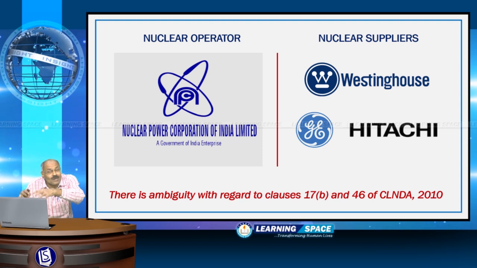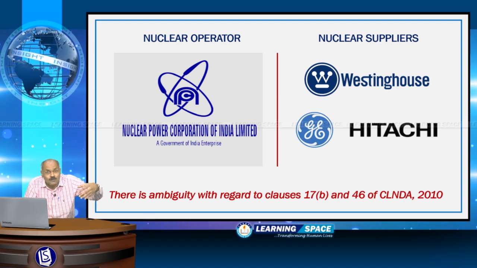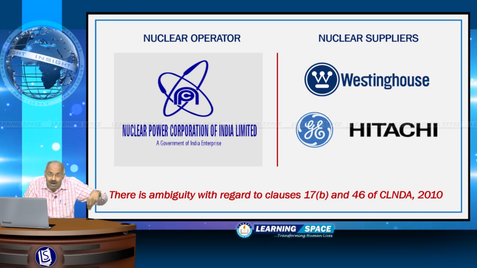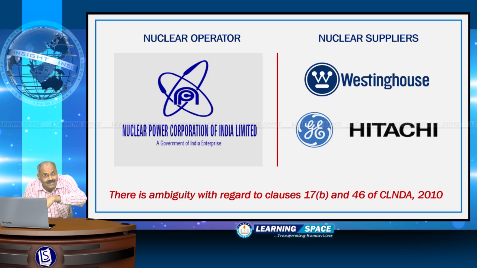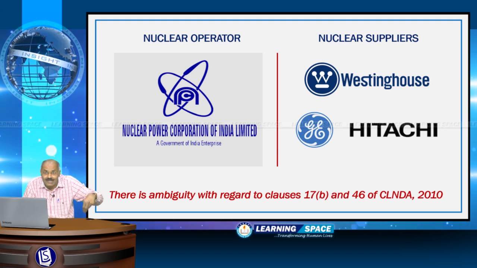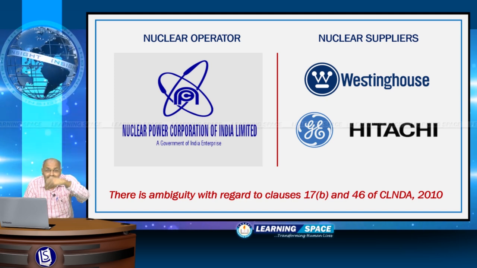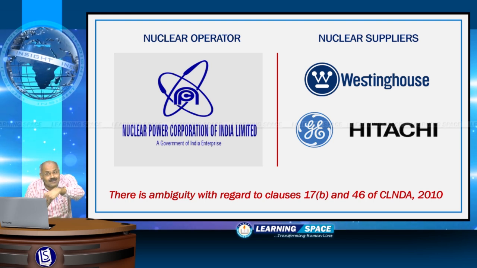I have already told you suppliers are foreign firms, operator is NPCIL. So, as per clause 17B of this Civil Liability for Nuclear Damages Act, the liability or damages for nuclear accident can be channeled from the operator to the supplier, right.